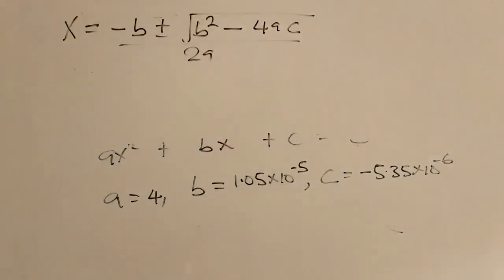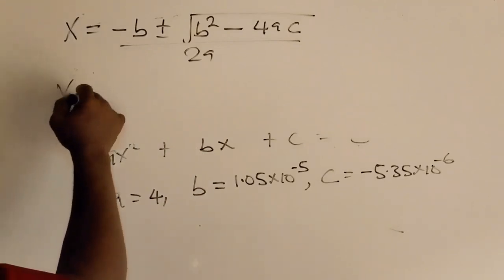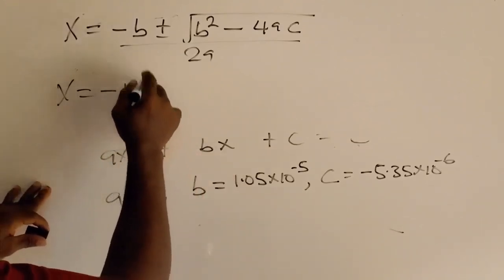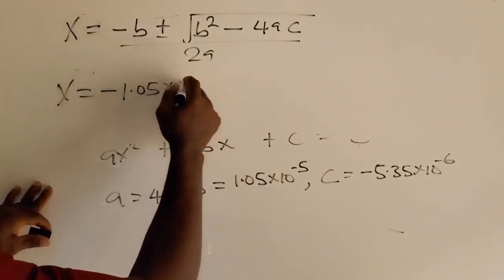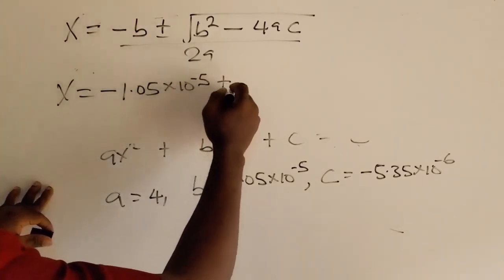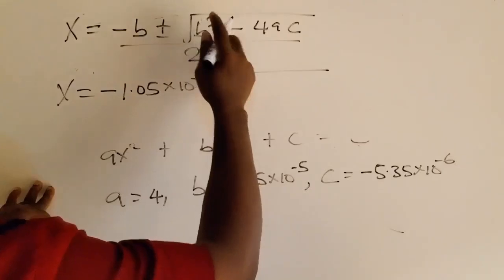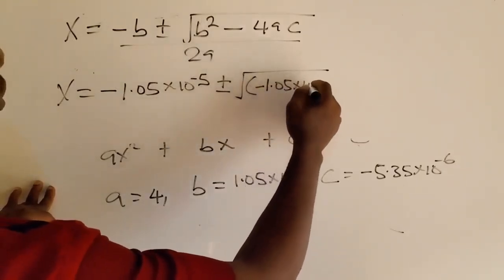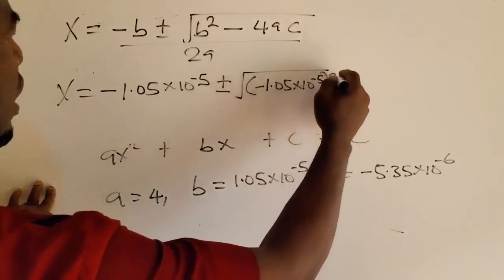To find our S, which is concentration, we now plug these values into this equation. S becomes minus B, that is minus 1.07 power minus 5, plus or minus the square root of B squared, which is minus 1.07 power minus 5, all squared.